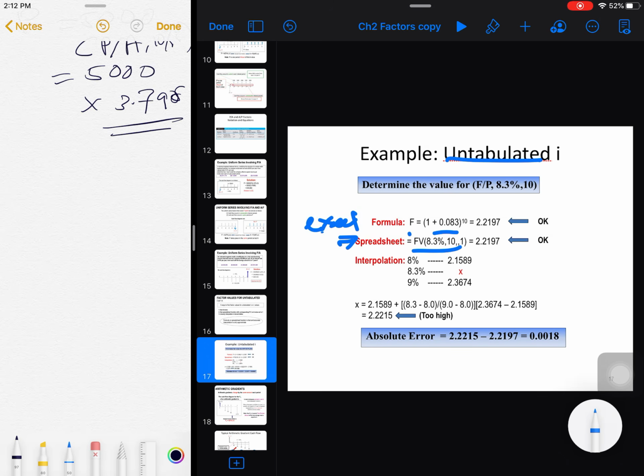So x is 2.215. Is it correct? It says here absolute error. Okay, 2.215 minus 2.2197.